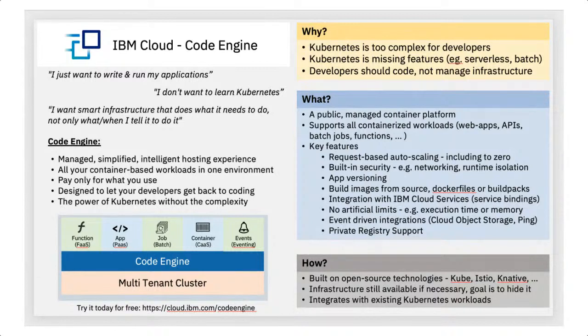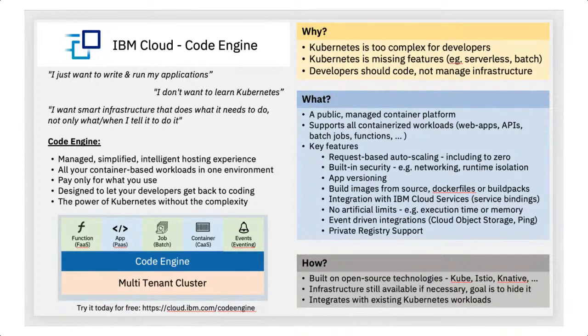So this means if you give Code Engine your source code, if that's where you want to start your workflow, or your container image, if that's where you want to start your workflow, it's completely your choice. You just indicate the runtime semantics that you want for your workloads. And this means, do you want it to scale based on load coming in or a certain amount of memory?